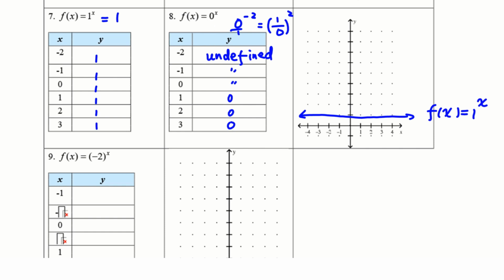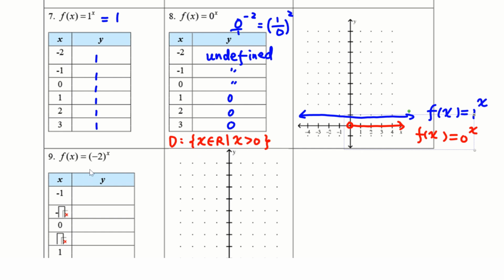So we know that x couldn't be 0 and x also couldn't be negative. So the domain for f(x) = 0 to the exponent x is x belongs to all real numbers such that x is greater than 0.